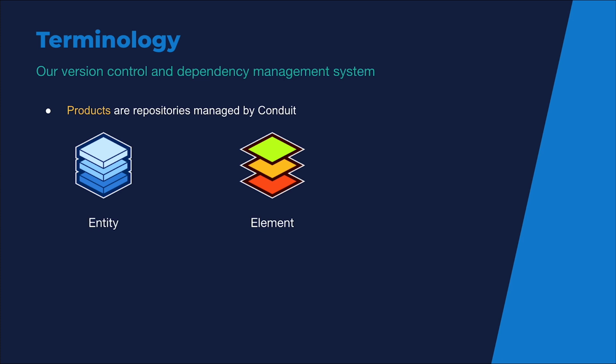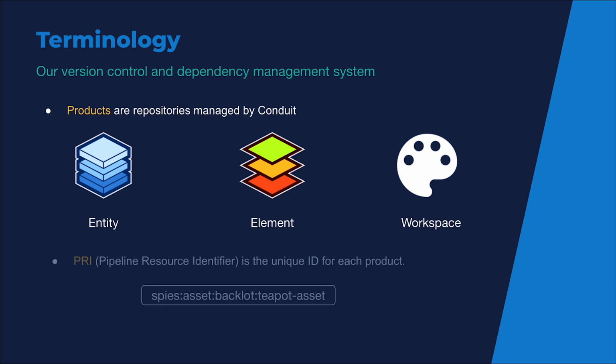Elements were products that contained discipline-specific contributions. For example, an animation element contributed to a shot entity. We'll dive into this more later. Workspaces were products where artists created and versioned their working files. And finally, PRIs were the unique identification or the address for each product, analogous to file paths.